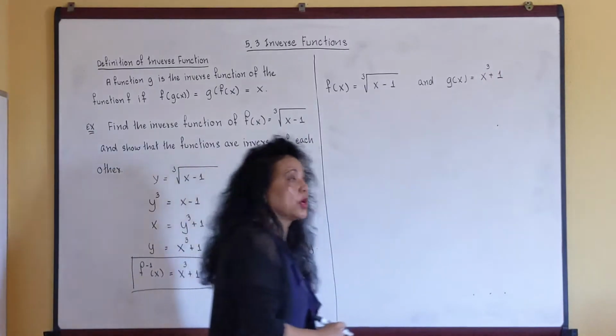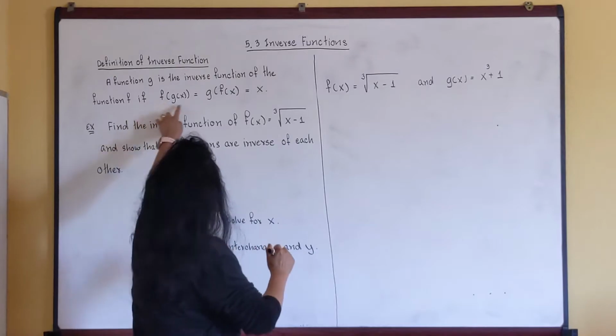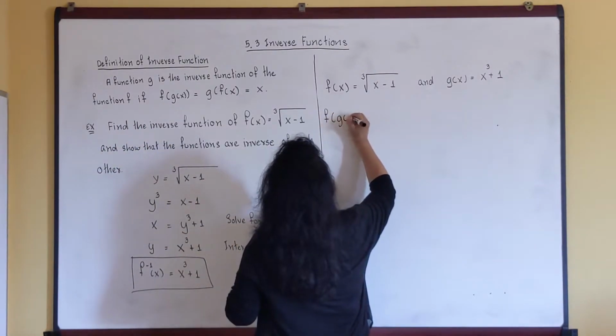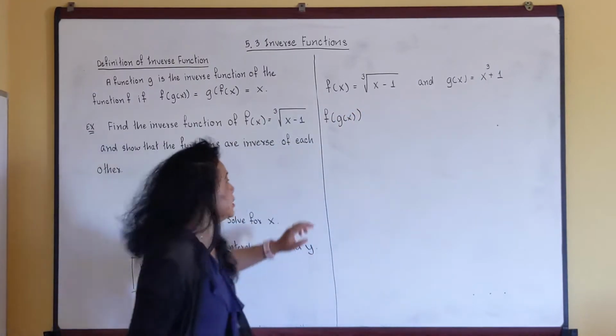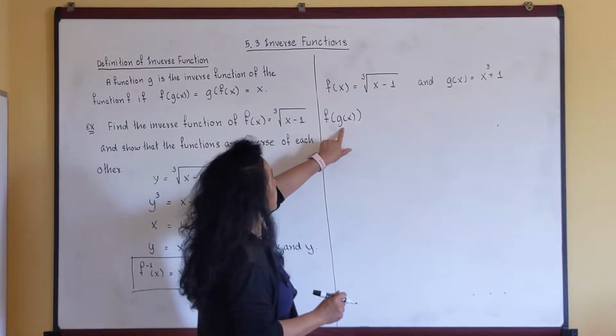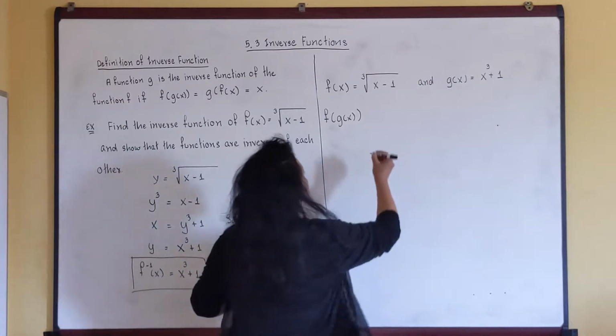Alright, so I'm going to do the composition. First I'm going to do f of g of x. So basically the g of x is the inside function of f of x. So I'm going to replace g of x with x cubed plus 1.